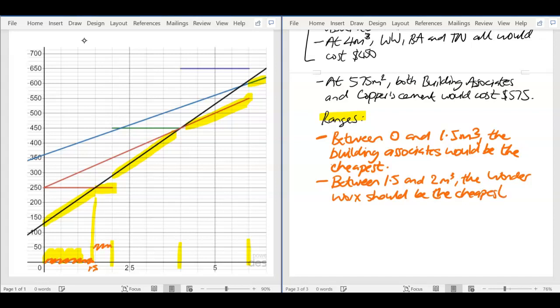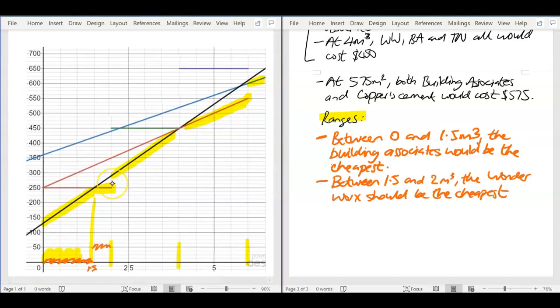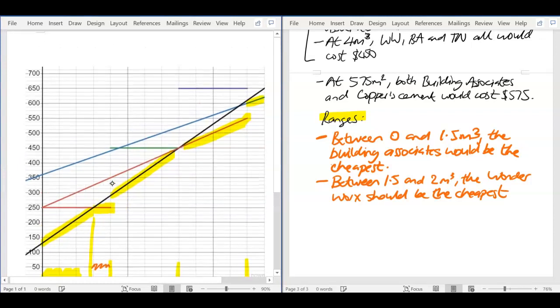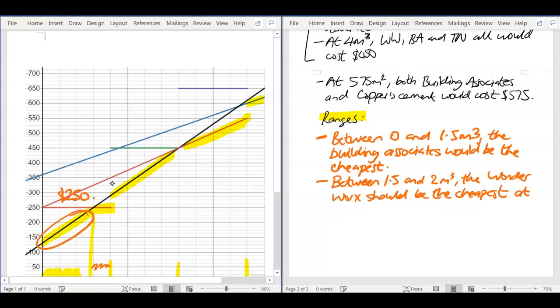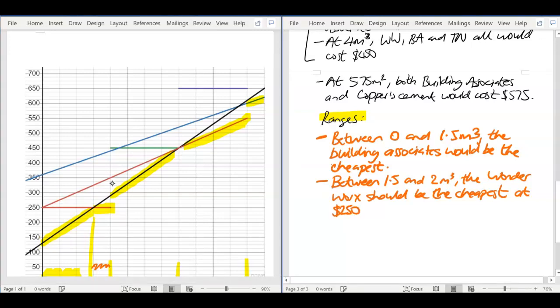And at this point here, we can actually say an exact price because it's always going to be $250. But the other ones, because the price has changed along there, that meant we couldn't give an exact price for that. So $250. So I'm not sure why the $250 moved to that screen, but there we go.